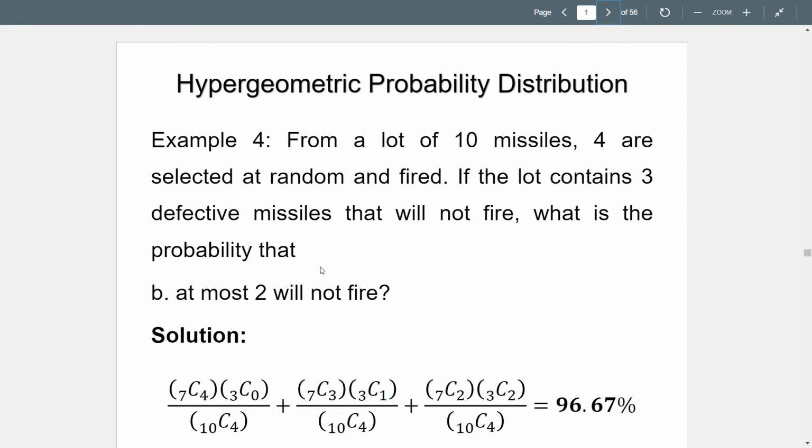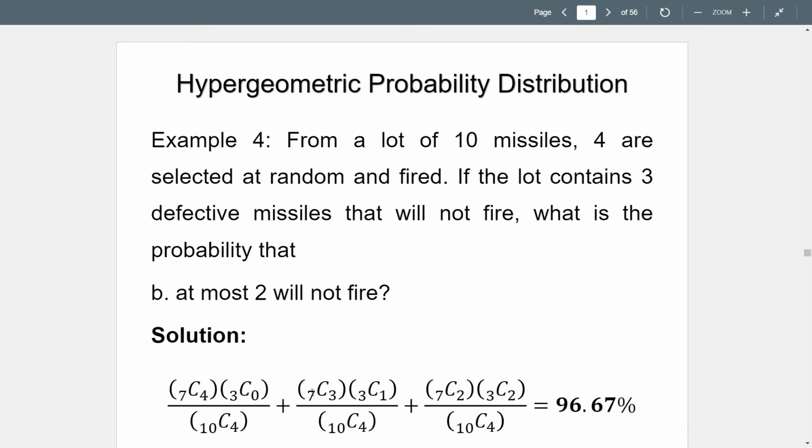Okay, so now at most 2. When we say at most 2 will not fire, there could be all of them will fire, or one will not fire, or 2 will not fire. So you have all 4 will fire, and there will be no missile that will not fire.